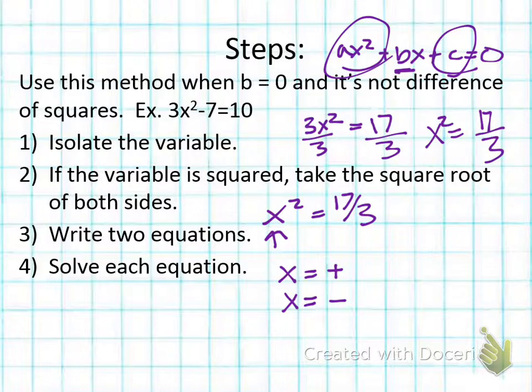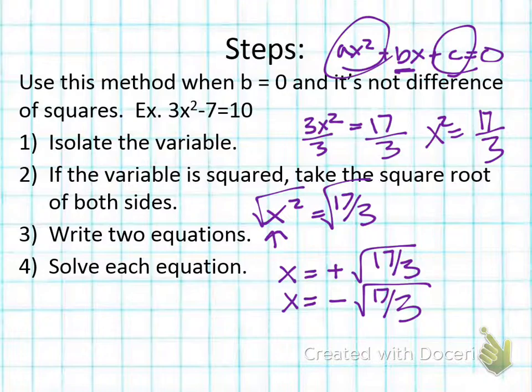So I take the square root of both sides, and I look at this as x equals either the positive square root of 17 thirds or the negative square root of 17 thirds. Those are my two equations, and they're already both solved for x. So that would be my answer. Okay, we'll see plenty more examples of this. So write down the steps in your notes if you don't have them.